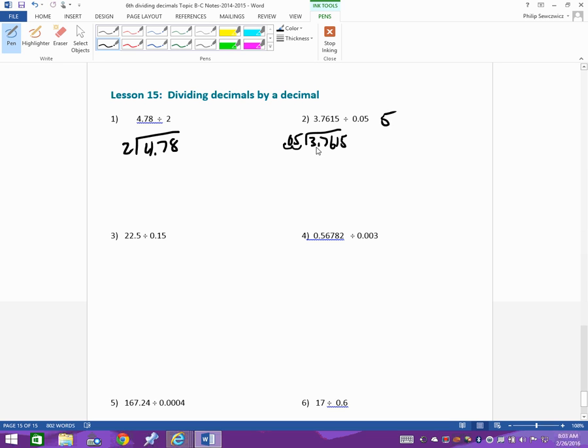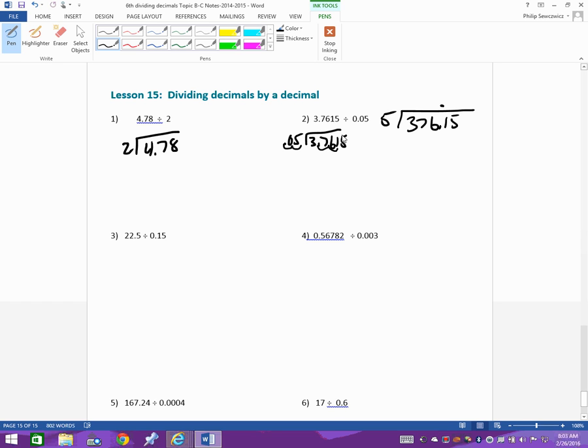So if I move it 2 spots to the right, what do you have to do on the inside? 2 spots to the right. So who's really on the inside? 376.1500. Now it looks like the problem that we just did before, which we did yesterday in lesson 14. So we can push the decimal up and begin the whole division process.